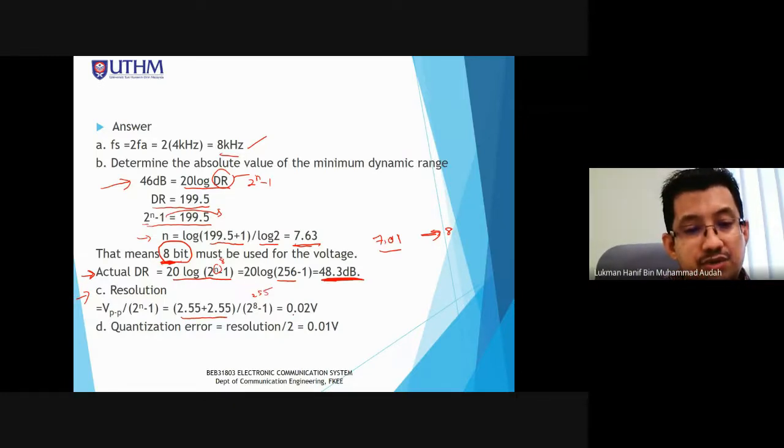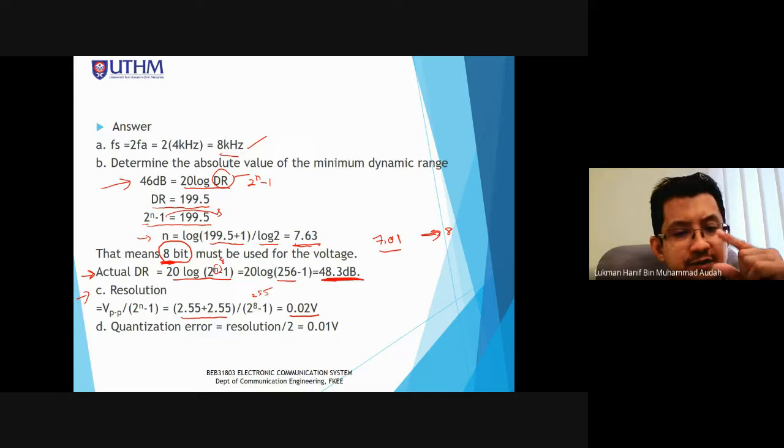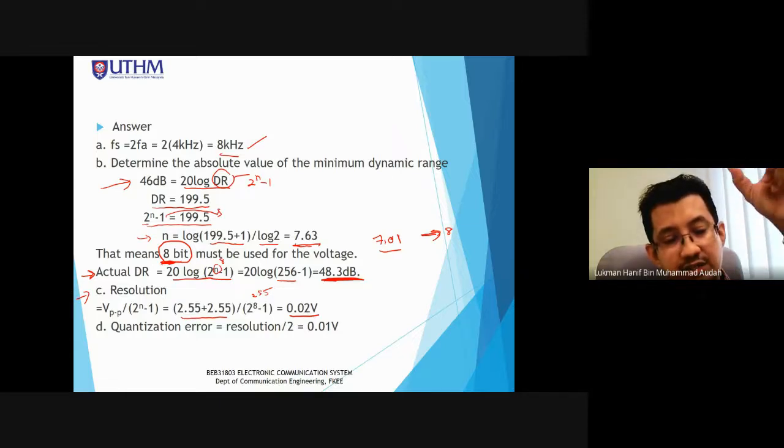So you get 0.02 volt. This is the step size or the resolution, or we can say that this is the difference of the difference between each levels. Perbezaan antara setiap quantization level itu adalah sebanyak 0.02.